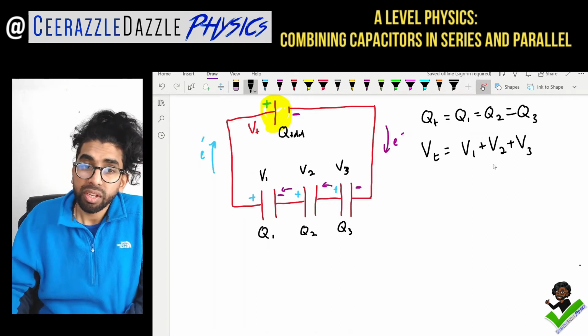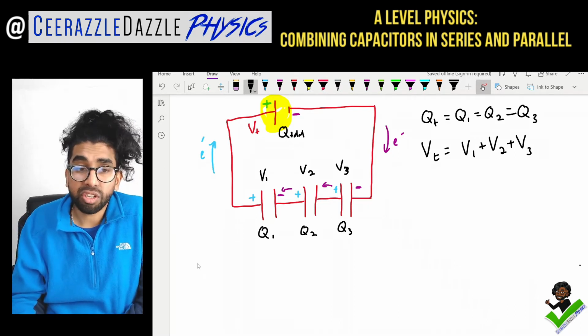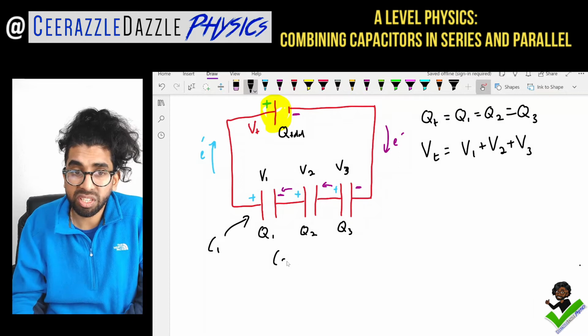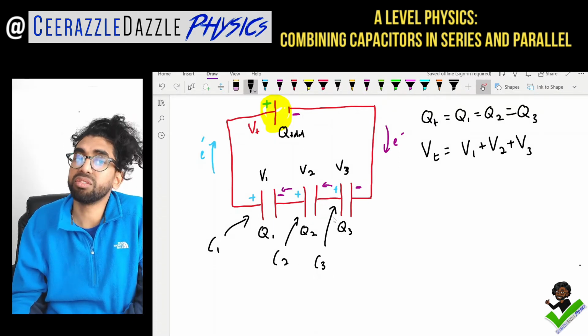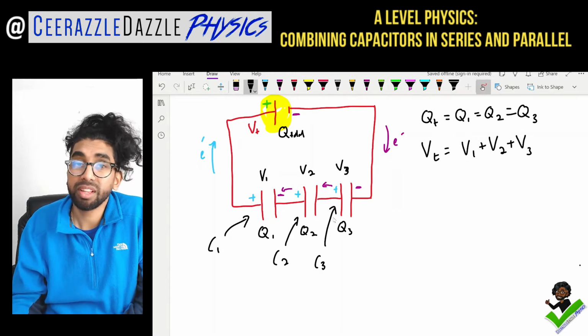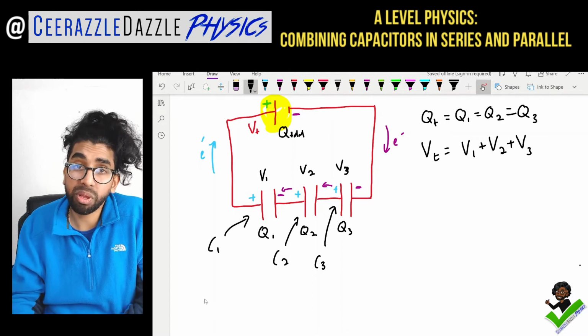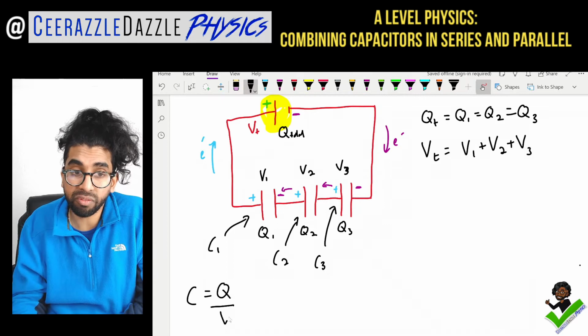Wonderful. Each of these are capacitors, so each of them has a capacitance. Let's call them C1, C2, and C3. They all have a capacitance value. There is a relationship between capacitance, charge, and voltage. We can remember that capacitance is equal to charge stored per unit volt.